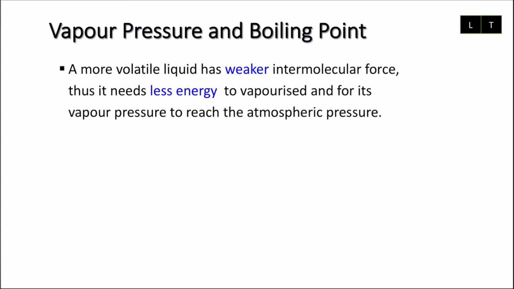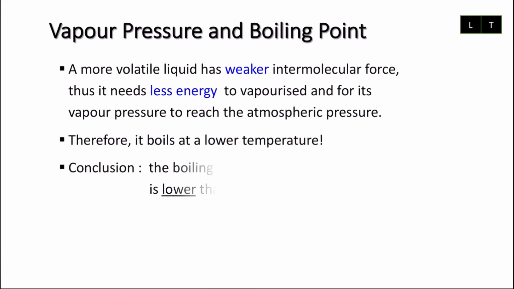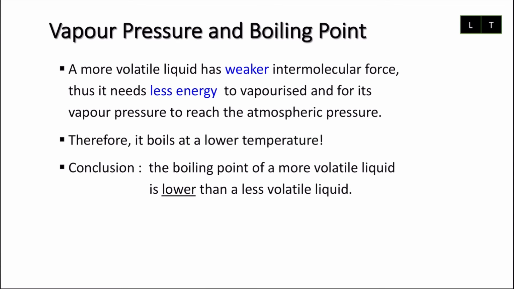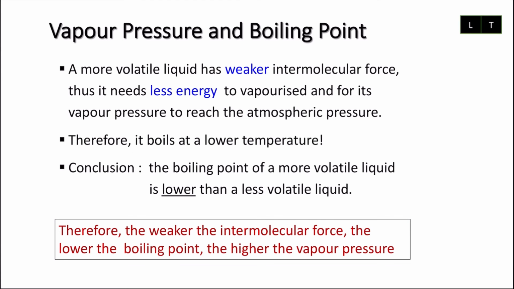So, tak perlu temperature value yang tinggi. Conclusion dekat sini, awak boleh nampak the boiling point of a more volatile liquid is lower than a less volatile liquid. So, kita boleh conclude lah berdasarkan relationship between vapor pressure with the boiling point and weaker intermolecular forces.